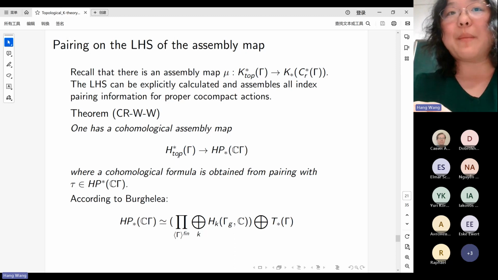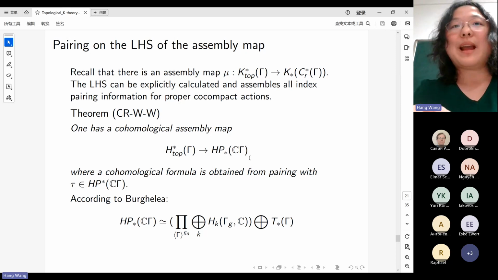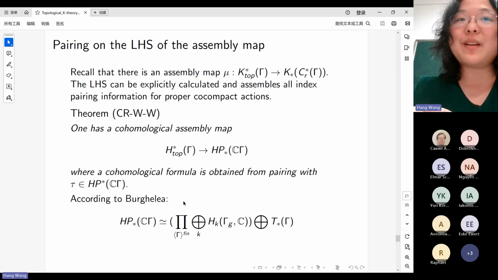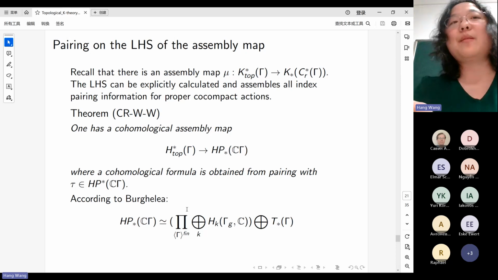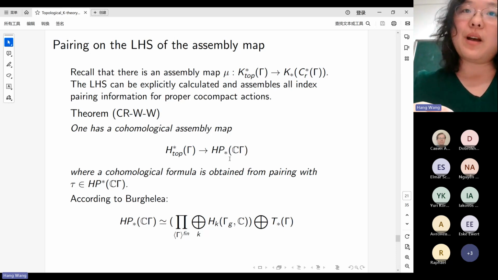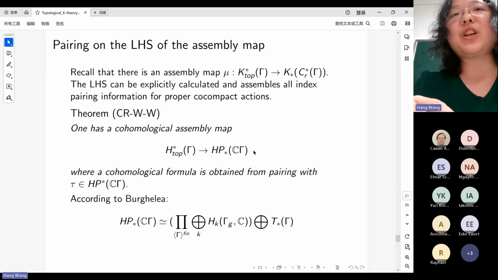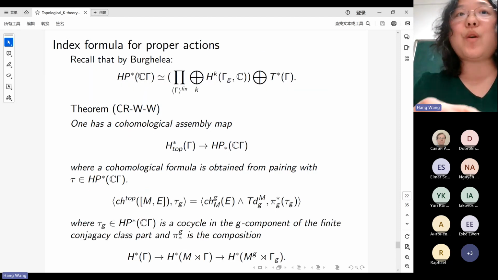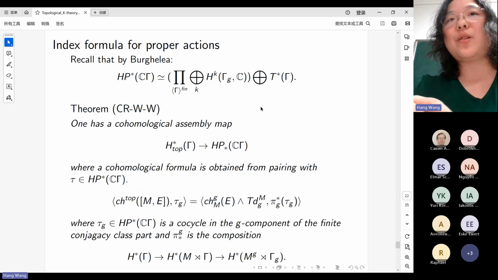Namely, there is a map going from cohomology of gamma to cyclic homology of C gamma. And the cyclic homology of C gamma can be computed explicitly by the work of Burghelea, because here we assume gamma being discrete. So this HP of C gamma is completely known, and one can obtain information about this group by pairing with the dual of C gamma, which is also well known.